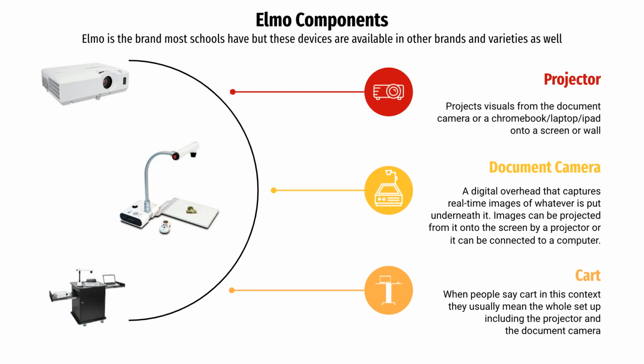The document camera, which is any camera that is set up to record in real time images of what's put underneath it. Sometimes phones can be set up to act as document cameras. And the cart is the workspace that all of these devices go onto. And oftentimes people talk about their cart as the whole setup. But again, it's important to remember that these are each individual components within that setup.